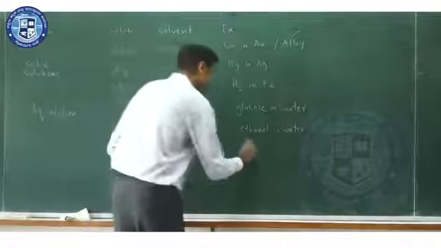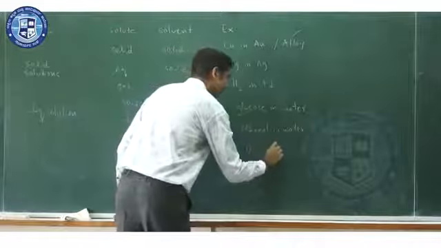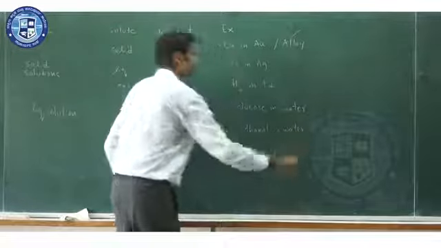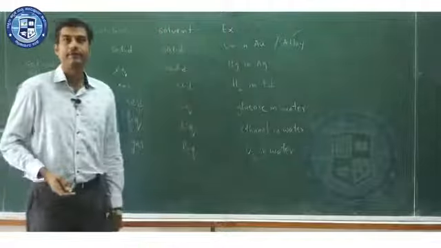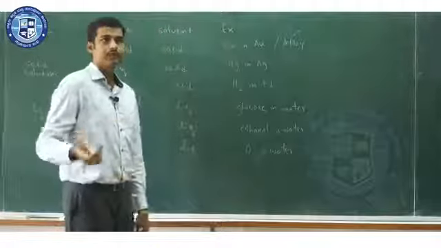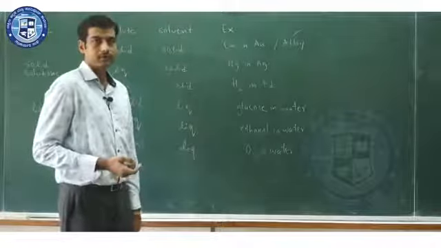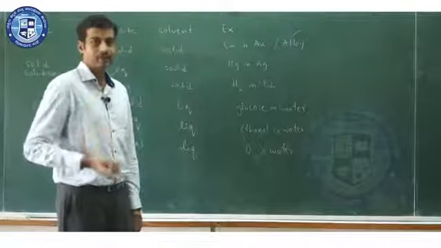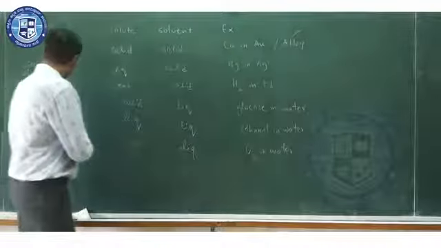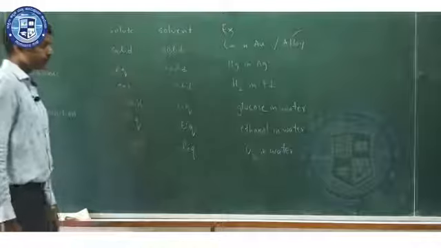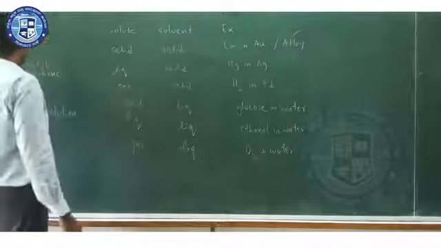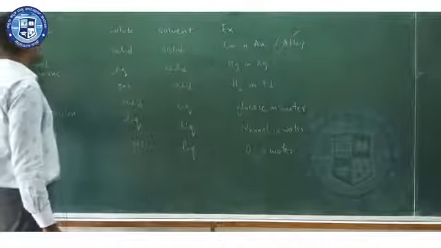Oxygen dissolved in water. Or I have several carbonated drinks. So soft drinks which we make use of will contain carbon dioxide dissolved in water, which will form a liquid solution. The third category now, I have the gaseous solution.